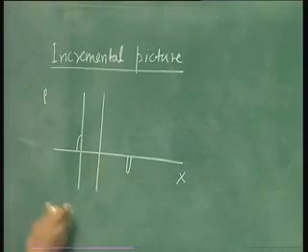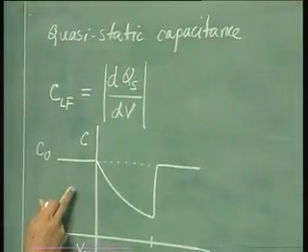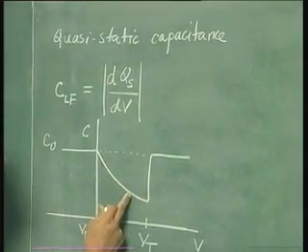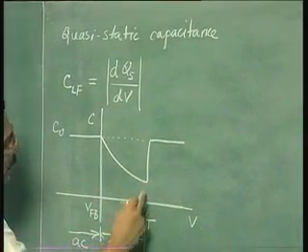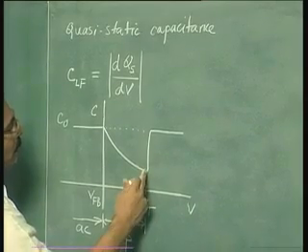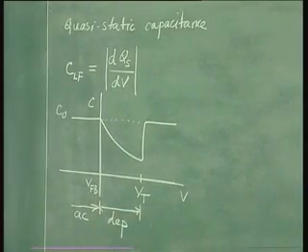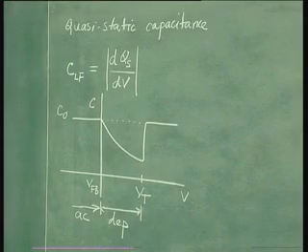Now as your voltage increases, you find the capacitance keeps falling until you come to the edge of the depletion layer, or when you come to threshold. Okay? So what is happening here in terms of this diagram?